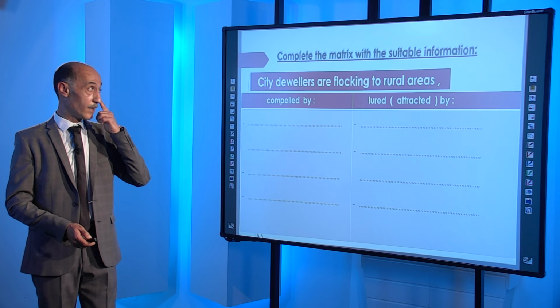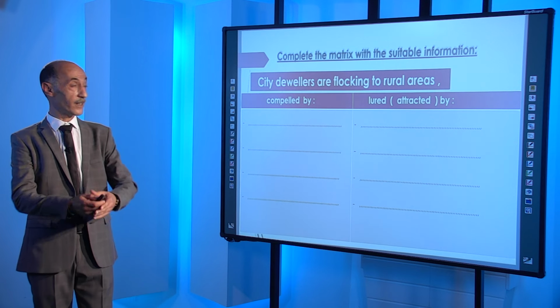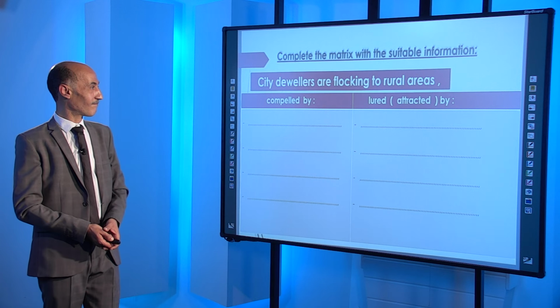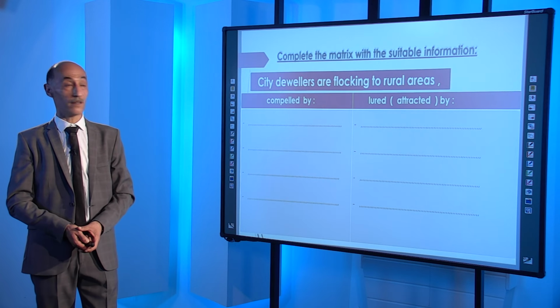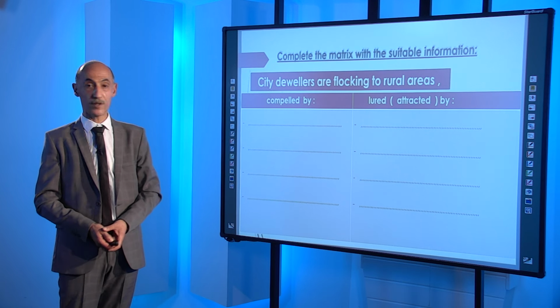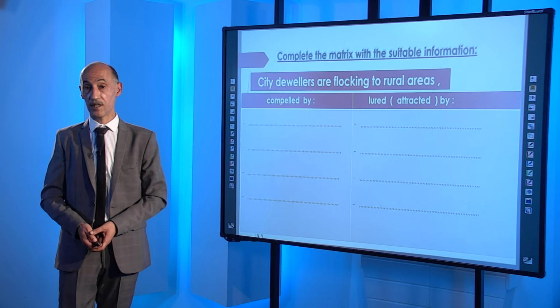They can also be lured by some advantages, some pros that may attract them and make them opt for a new life in the countryside.